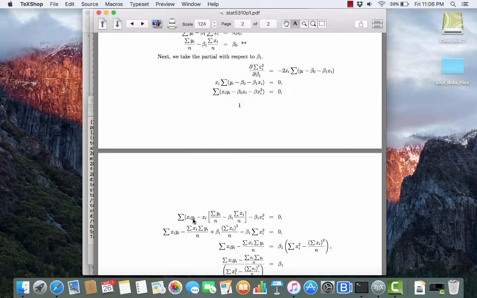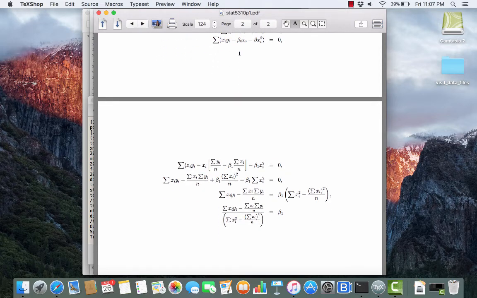So I've got summation of xi yi minus xi, and then I'm going to plug in, where I have the beta 0 here, what beta 0 is equal to, this stuff right here, in the square brackets. So I've got my summation of the yi over n minus beta 1 summation of the xi over n, and then I have that last term again. There should be a paren here. Sorry.